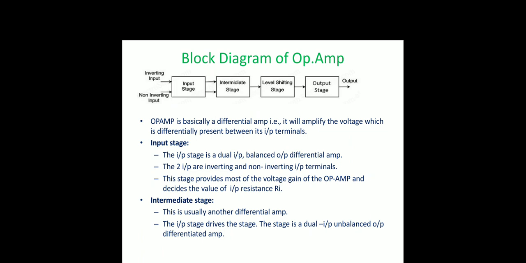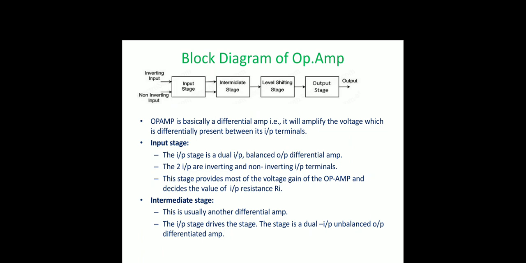First, we all should know op amp is basically a diff amp or differential amplifier because it amplifies the difference between the two inputs. That is, it will amplify the voltage which is differentially present between the inputs.